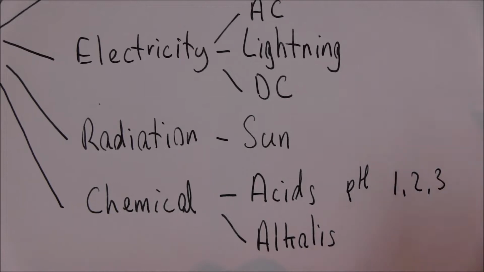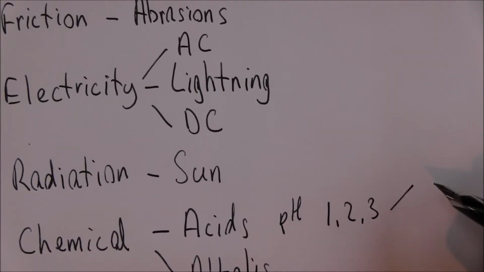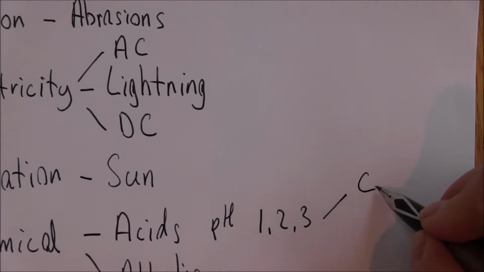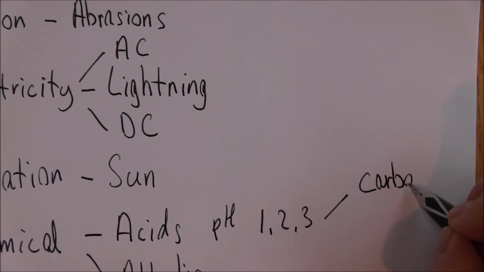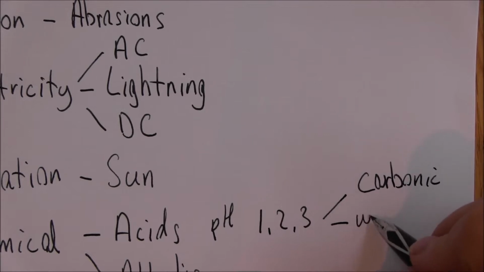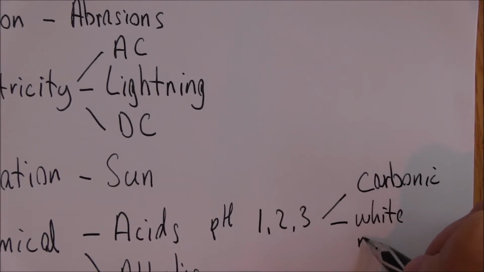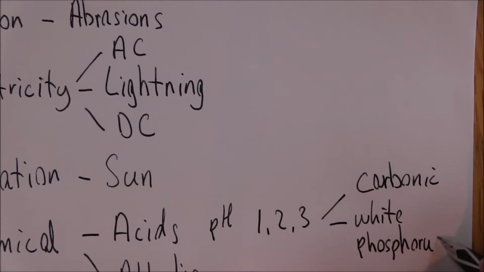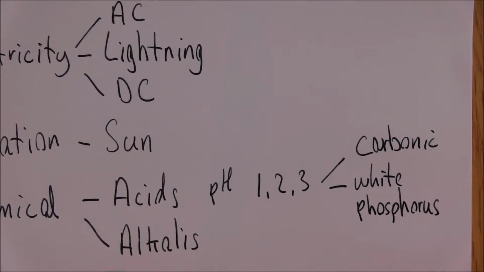So for acids, we might think of that's quite a few. Carbonic acid, white phosphorus. I do hope you're not unfortunate enough to come across white phosphorus injuries from shells, bombs, whatever.